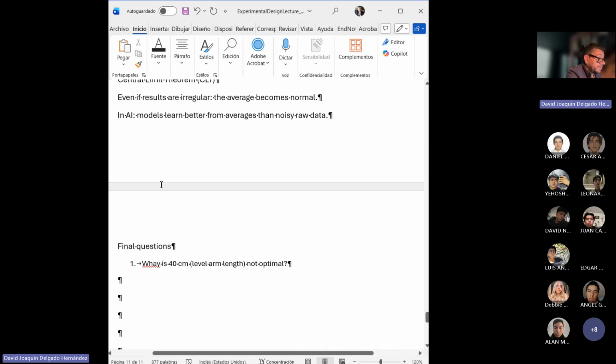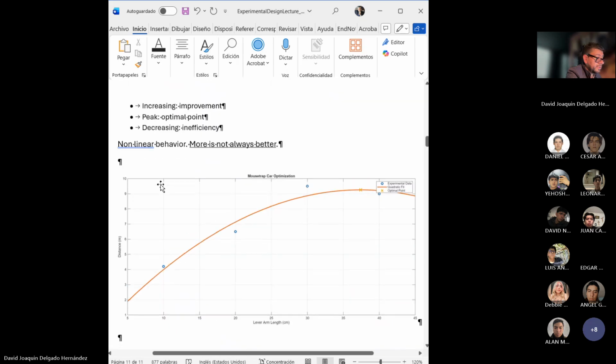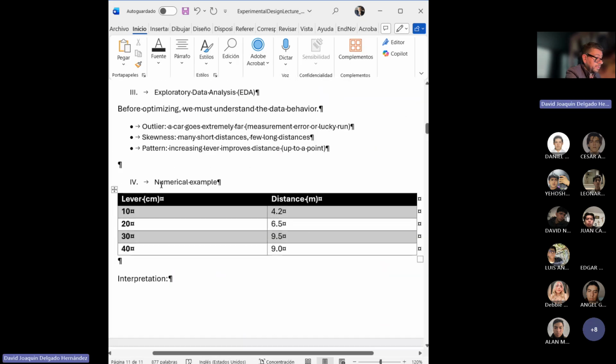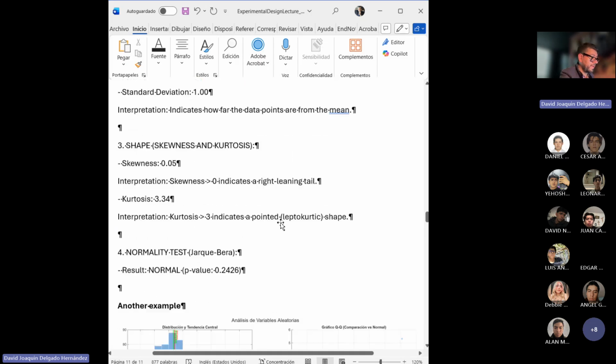Do you remember here in this graph, in this table, you can suppose a priori that 10 gives me this distance, 20, 30, 40 will give me more. And it is not happening here. Why is this not happening? That is the first question.